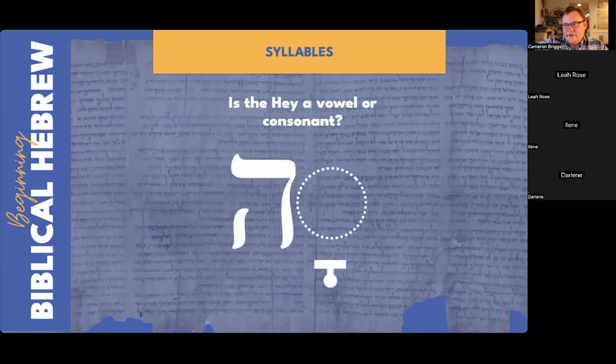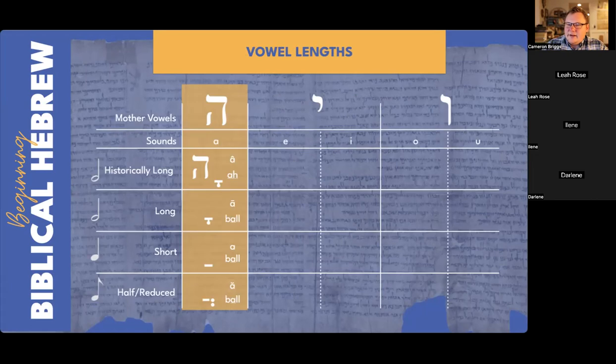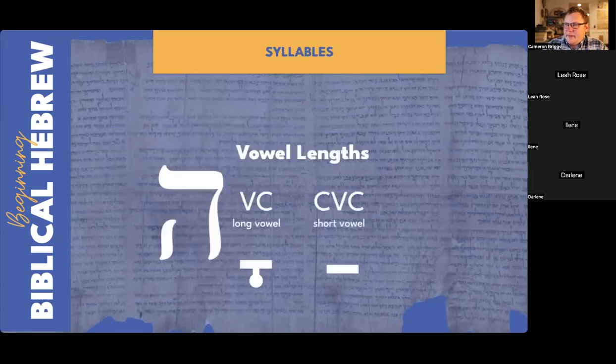So in this version right here, this would be an open syllable. We would have a consonant, whichever consonant that would be in that circle, and then the kamatz hey is considered one vowel. It's tricky to learn, but I've got a slide that explains that.